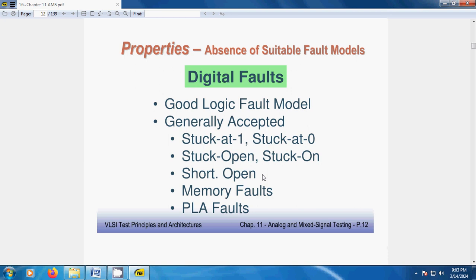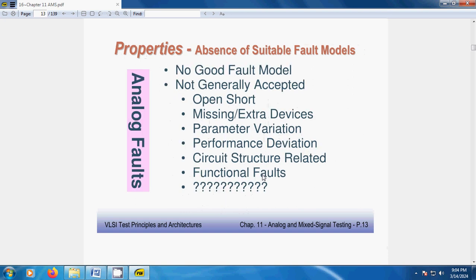What is the challenge in analog faults? Number one, there is no good fault model, because it is not generally accepted or standardized in the industry. It is because analog circuits vary between different manufacturers. One manufacturer may use voltage mode circuits predominantly.